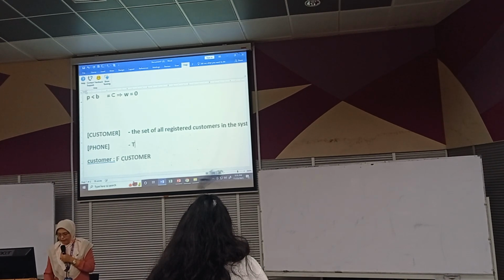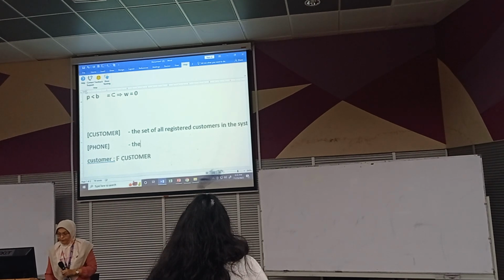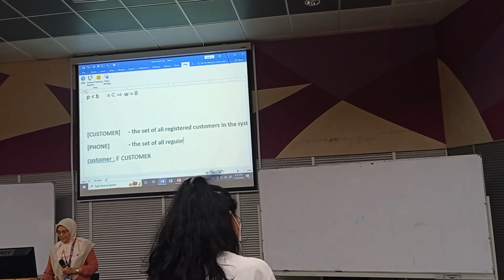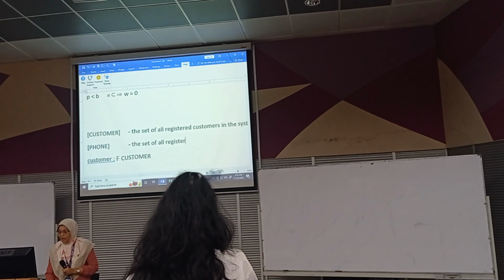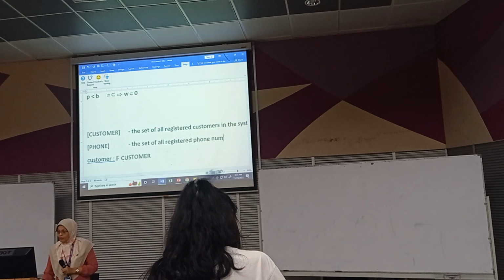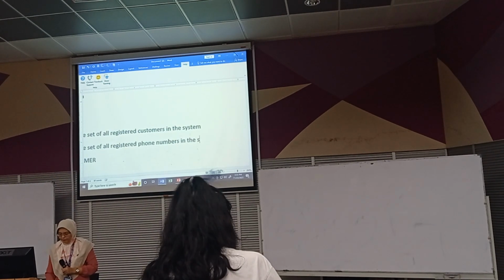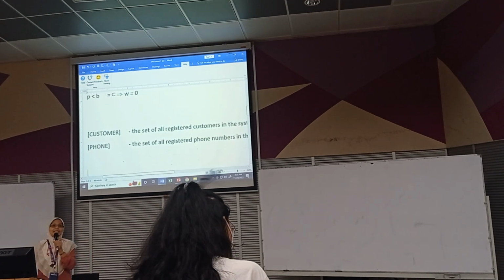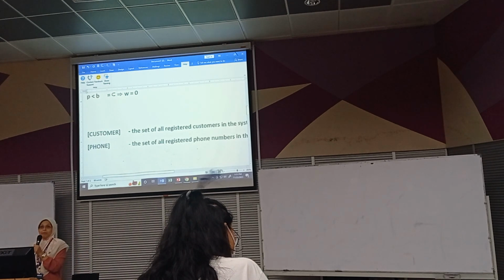Then I put the set of all registered phone numbers in the system. So you just write something like this. So that is actually how you do the basic type.